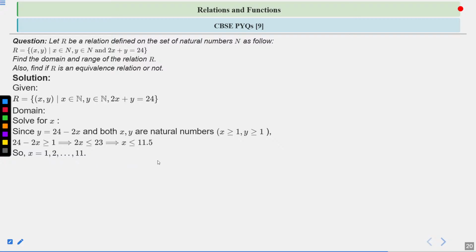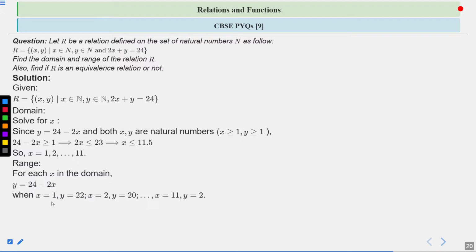Got it? Now for each corresponding x we can find the values of y. That will be the range. So the domain is x from 1 to 11, and what should be the range? For each x in the domain we can find y, where y is equal to 24 minus 2x. When x is equal to 1, y is equal to 22. When x is equal to 2, y is equal to 20.